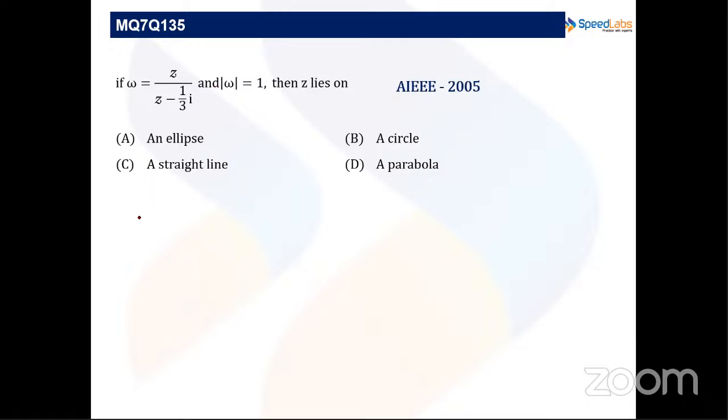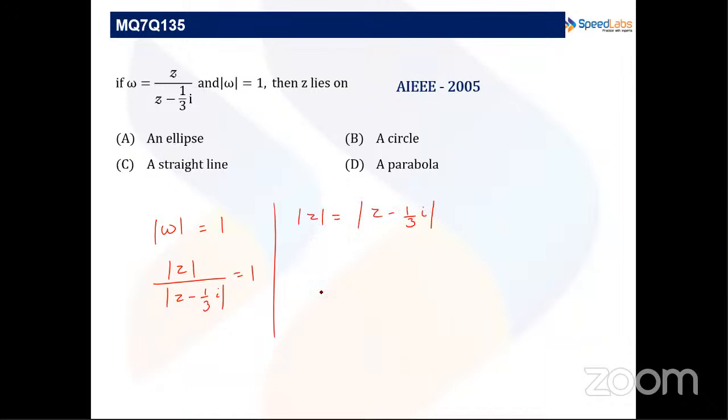Now you can see that modulus of w equals to 1, that is modulus of z upon z minus 1 by 3i equals to 1. How to solve it? You will have two methods, that is mod z equals to mod z minus 1 by 3i. So we can see that we are having this is z minus 0, so we are having this orthogonal plane, where this point is 0, and we are having a point comparing it with the z minus z naught.